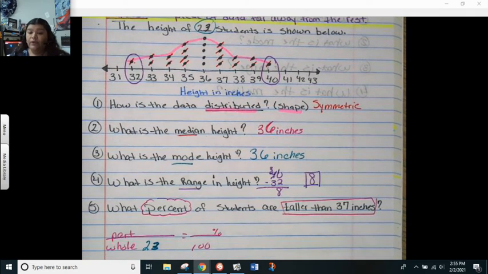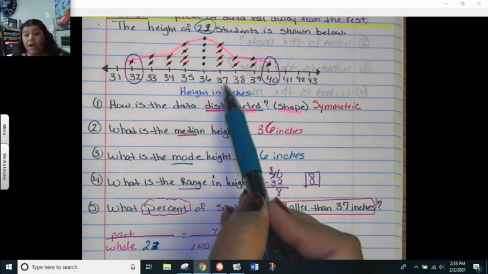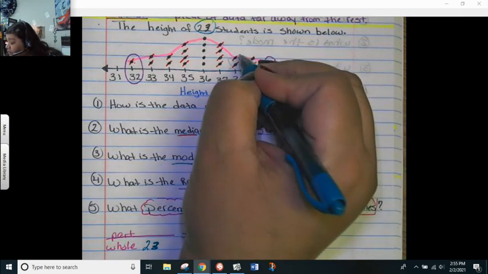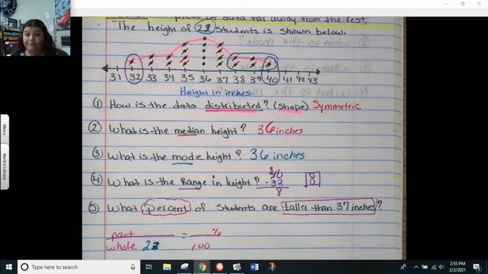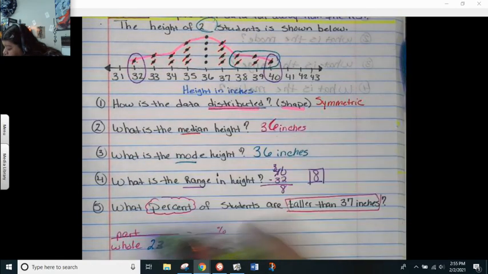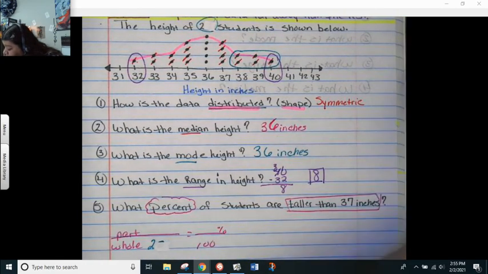And now we're looking for the ones taller than 37 inches. So if it says taller than 37 inches, I am not including 37. I'm including 38, 39, and 40. Let me make this better, that bugs me. Sorry.